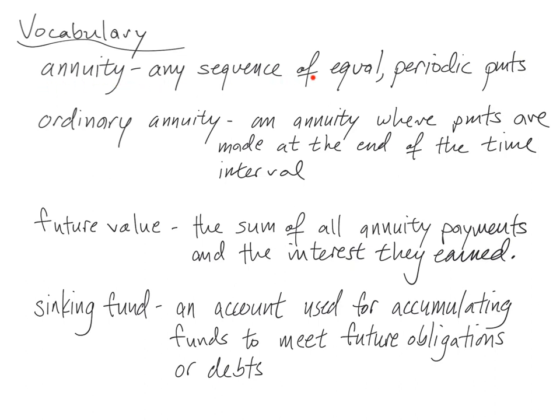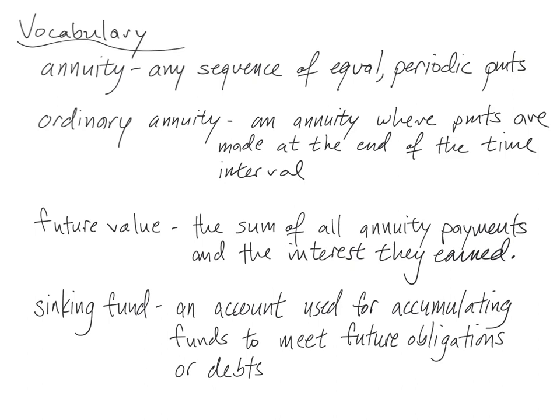Annuity is any sequence of equal periodic payments, PMTS payments. So the payments have to be the same amount every time, and they have to happen at the same time length every time. So for example, a salary paycheck with no overtime, no nothing, would be an annuity.